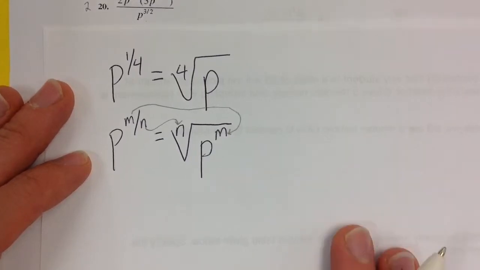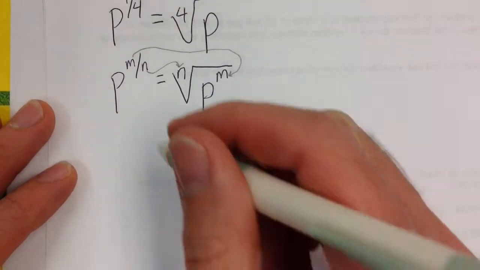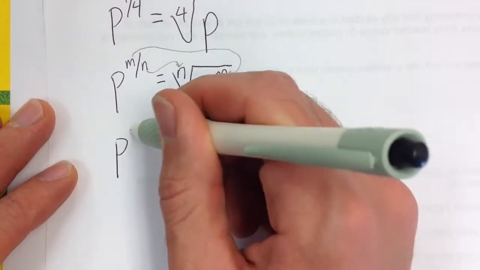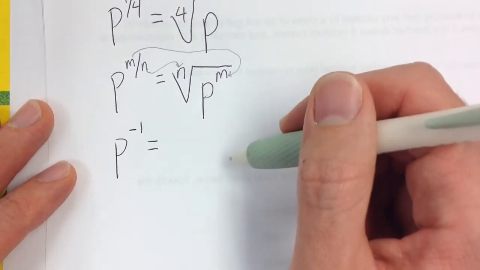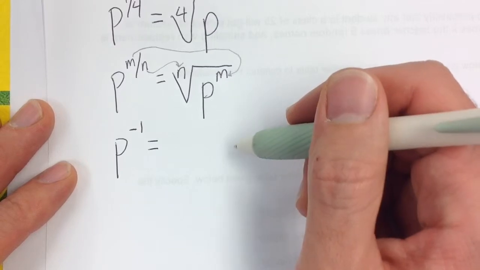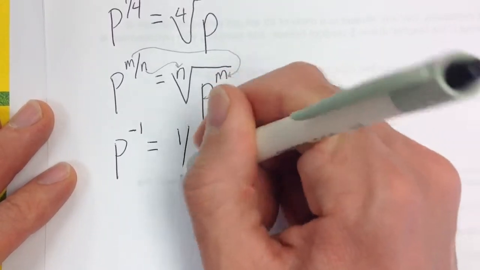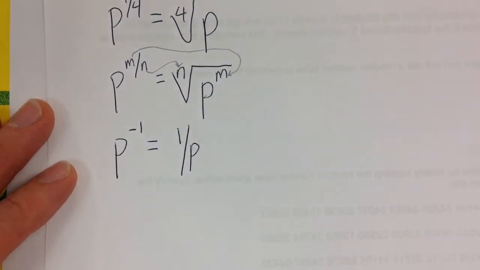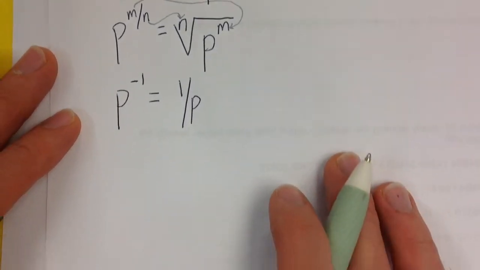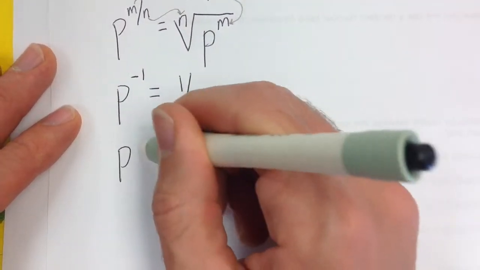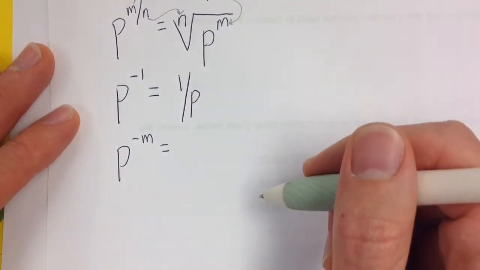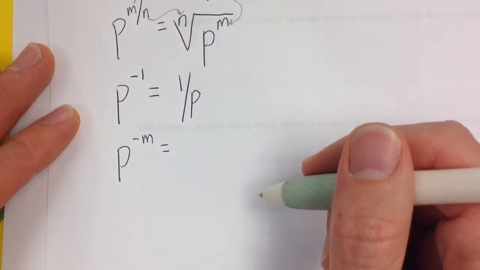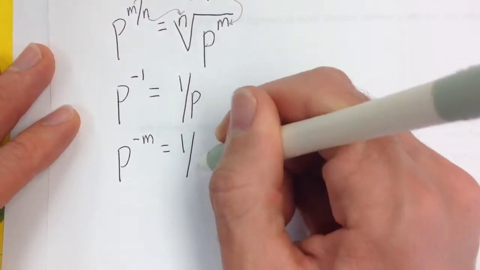The second thing we need to go over is what a negative exponent is. So, just say these out loud. p to the -1 is the same thing as? Say it louder. 1 over p. Thank you. 1 over p, or the reciprocal of p. And we'll do one more. p to the -m is the same thing as? 1 over p to the m.